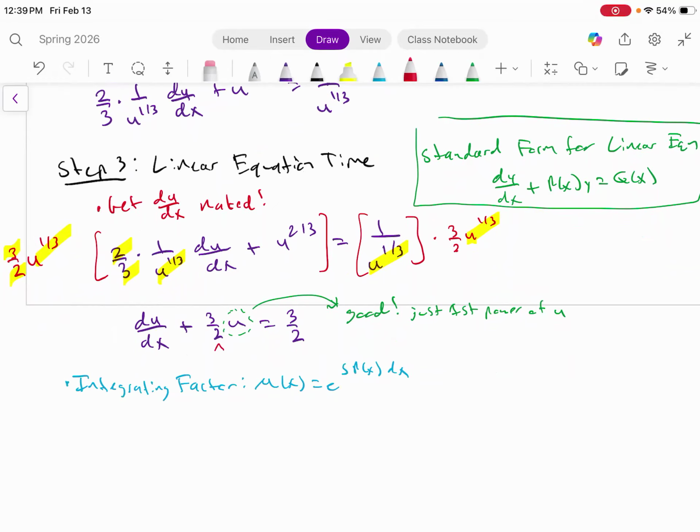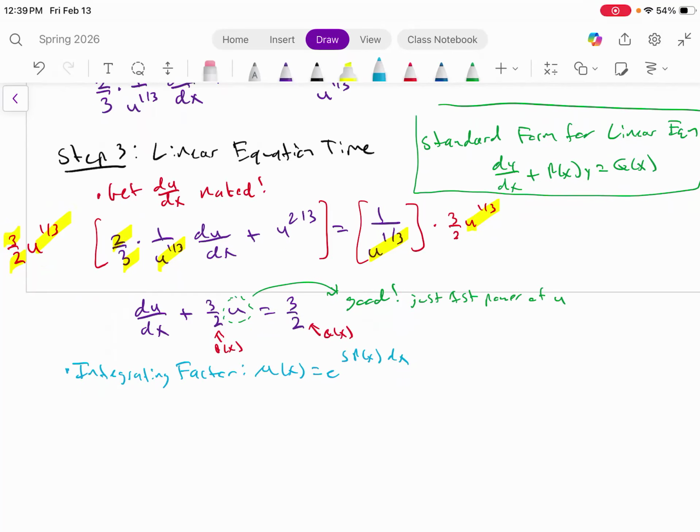So 3/2 is going to be my p of x, and 3/2 is also my q of x, so the same thing on the left and right side. My integrating factor is e to the integral of 3/2, which is just e to the 3/2 x. So that's my integrating factor.